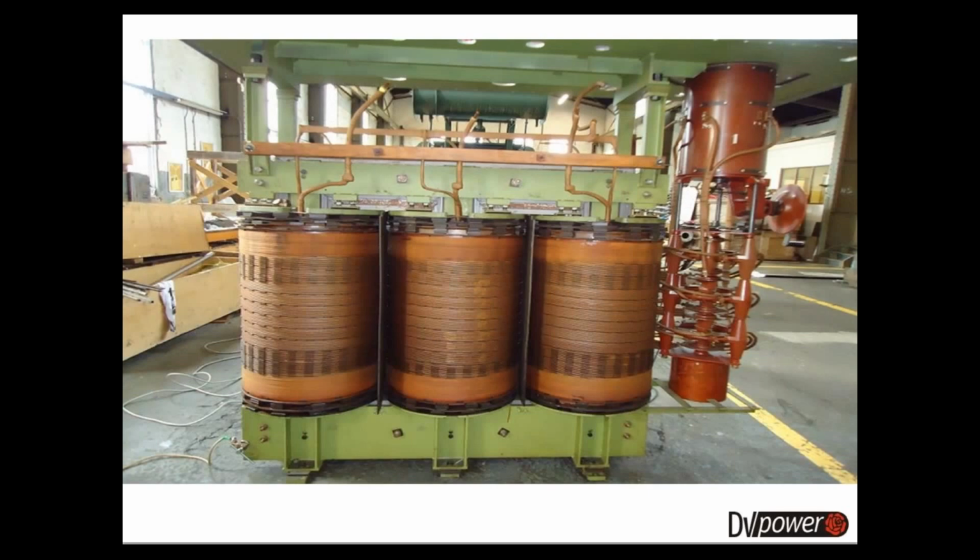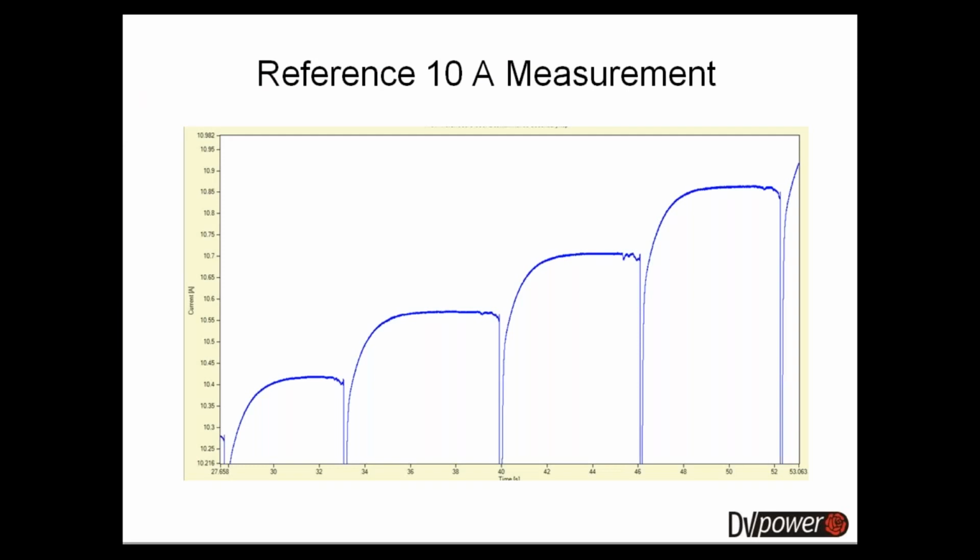So here is how this transformer looked. It was out of tank with easily accessible windings, and the tap changer compartment and all its connections clearly visible and within reach. So the first measurement which was performed was done without making any simulated errors and without introducing any types of problems on the tap changer.